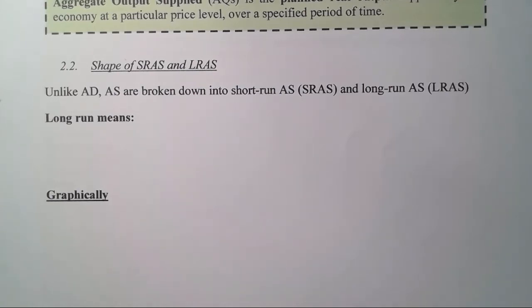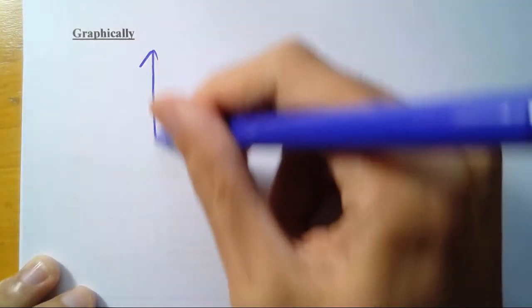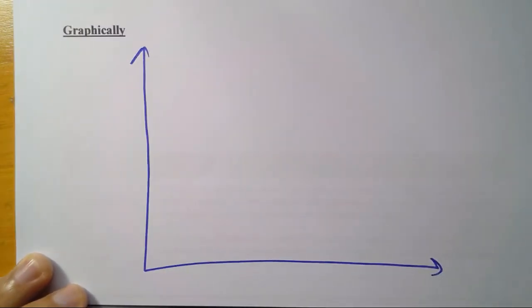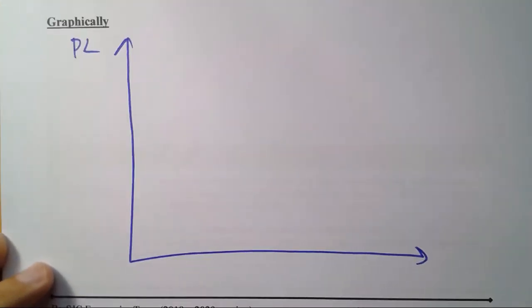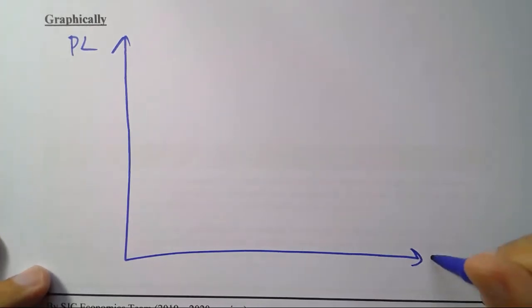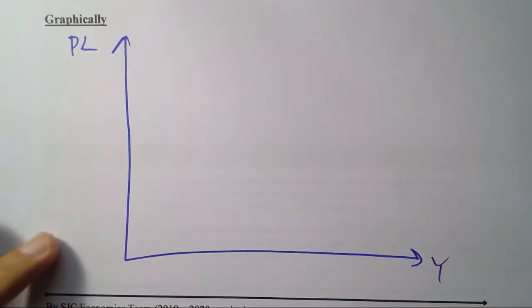Okay, now first of all, let's start with the image here. Now this is getting complicated. Now remember, when we talk about AD, it was just like a demand curve, right? Now the problem is when it comes to AS curves, things are not as easy.